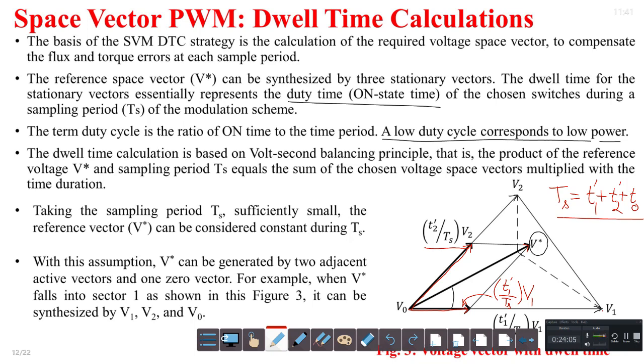Taking the sampling period Ts sufficiently small, the reference vector V star can be considered constant during that sampling period. With this assumption, V star can be generated by 2 adjacent active vectors and 1 zero vector. When V star falls in sector 1 as shown in figure 3, it can be synthesized by V1, V2, V0. So, we get V star in space vector PWM, which is not possible in hysteresis band PWM.